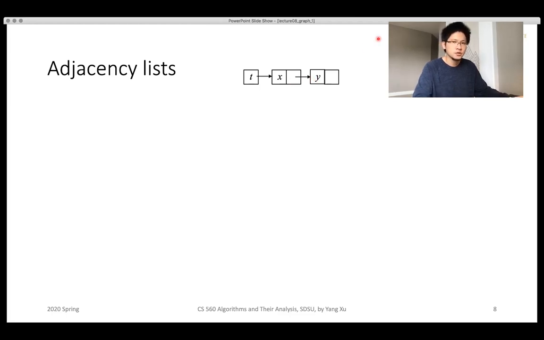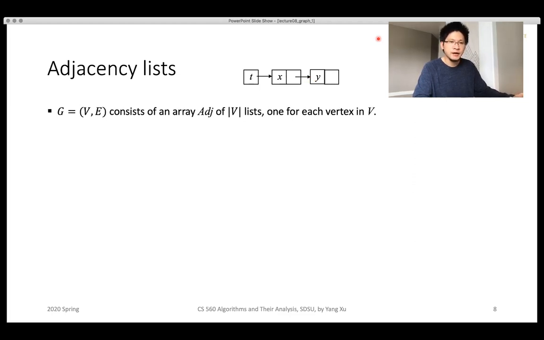Okay, so with this method, a graph G equals (V, E) consists of an array named Adj, which is for adjacency.